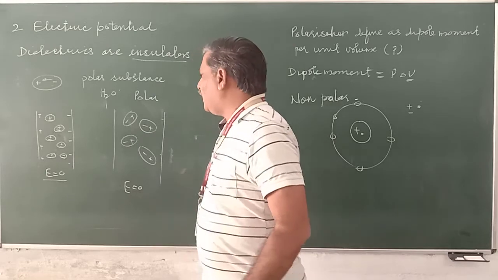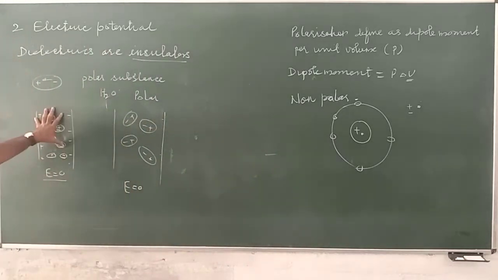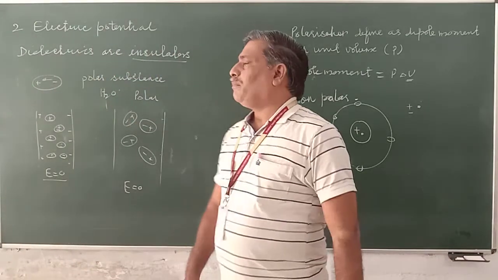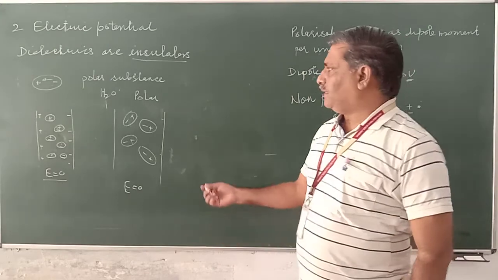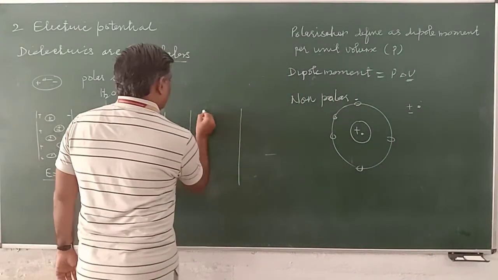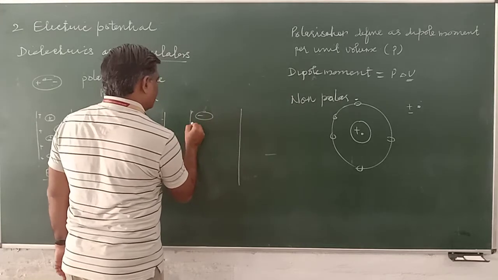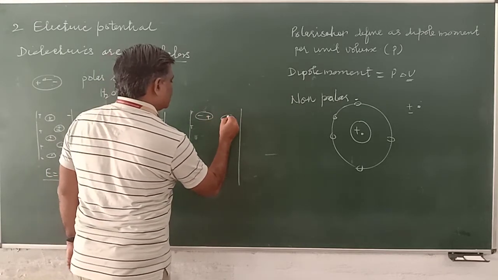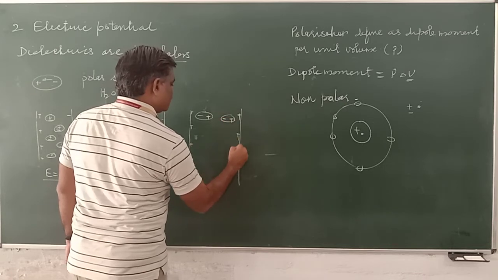Now as soon as a field is applied to this polar substance, what happens? This is the plus plate, this is the minus plate, this is minus, this is plus.